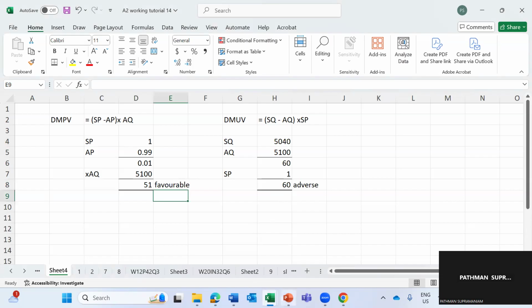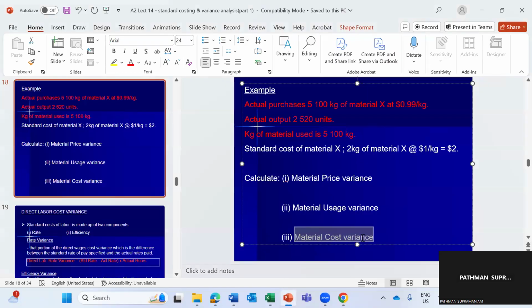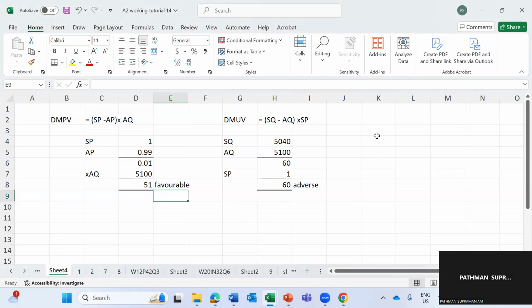Okay. So now, to answer the third question, direct material cost variance, we have to sum up both of these.